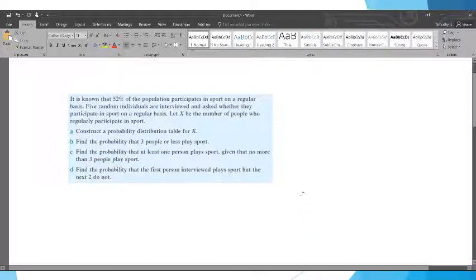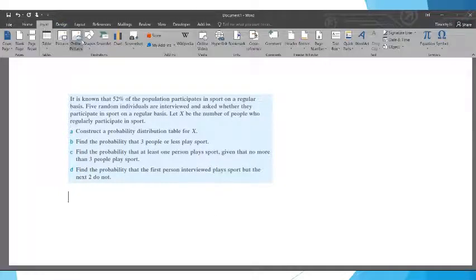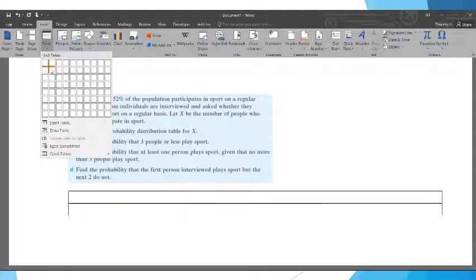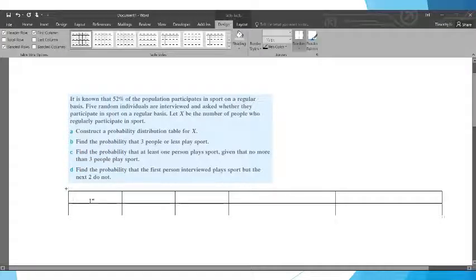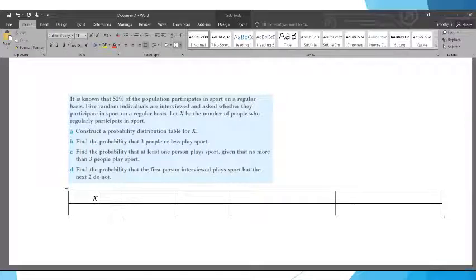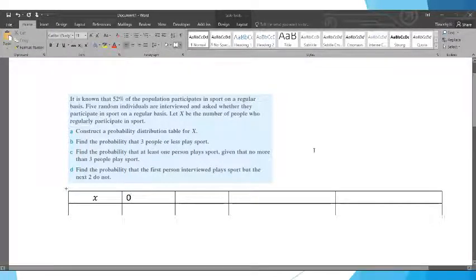Now, what you have to think about is how many will potentially be doing sport. So you can have 0, so none of them, 1, 2, 3, 4, 5. So here's X, 0, 1, 2, 3, 4, 5.